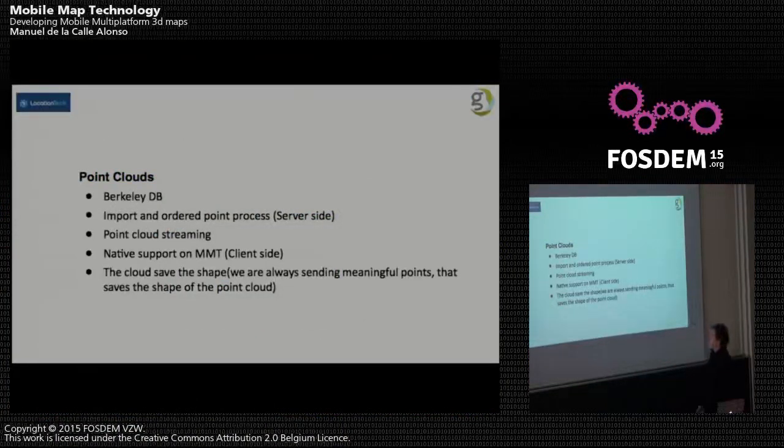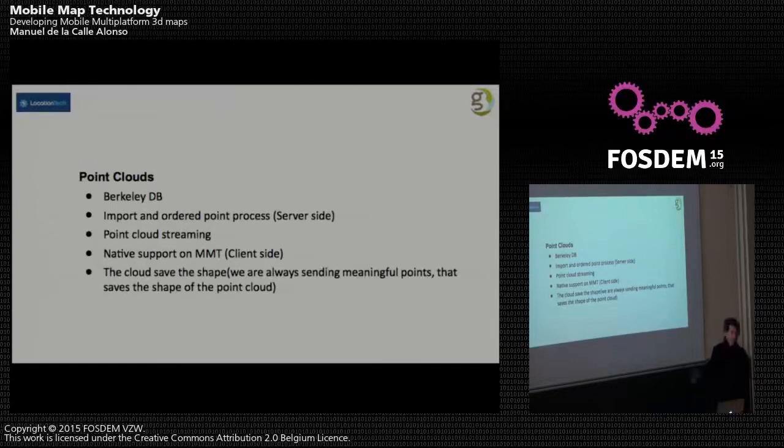How do we do that? We get the data, we import the data to Berkeley DB, which is very fast. We need a very fast database to process the data because they are very huge, always the point cloud.